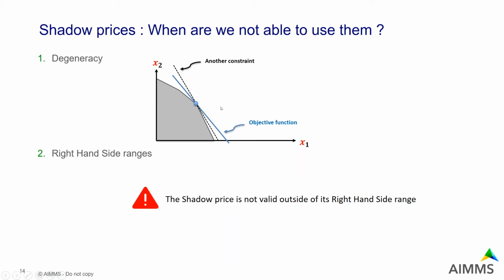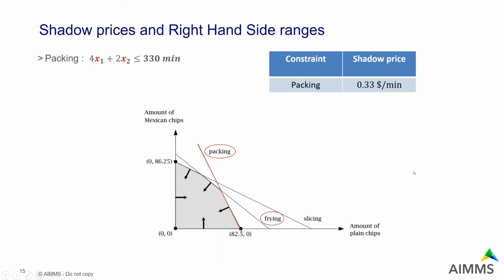In this situation, the interpretation of the shadow price is different and more difficult, so we would use the shadow price ranges, but I'm not dealing with that in this webinar. The second is the right-hand side ranges, to be sure that the shadow price is valid when we are using it. This is what I will present in the following slides.